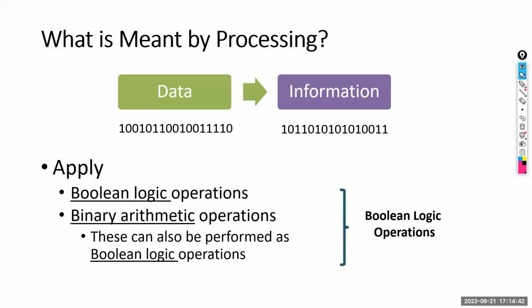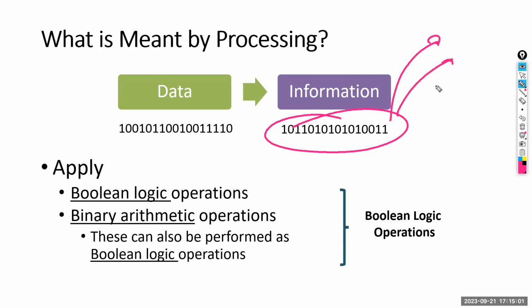So when you process data, basically the data is a set of 1s and 0s. We apply Boolean logic, 2-state logic, to 2-state data to get our results or the information, which is again binary. Then we can convert it back to whatever the format, right? If it is a number, we can convert it to base 10. If it is characters, we take the characters.